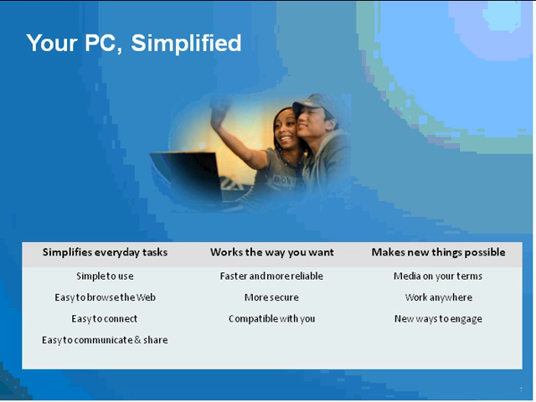Over a period of time, the PC had gotten complex. The PC had a lot of things that were needed and a lot of things that were not needed that were available. So on the three assumptions, Windows 7 was built with the ultimate objective of making your PC simplified.